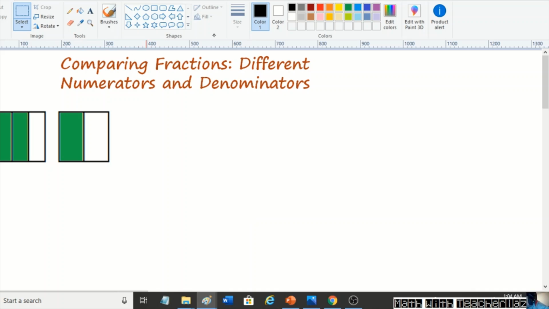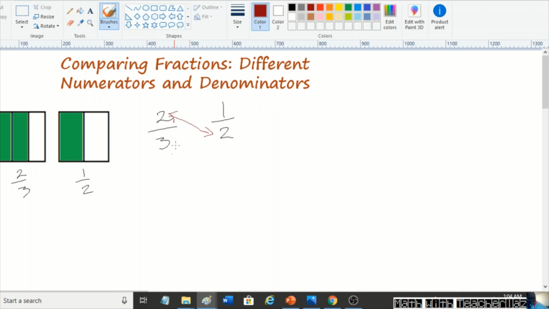Okay, now these fractions are 2/3 compared to 1/2. Okay, so if we're going to do the cross multiplication method, we have 2/3 and 1/2. First, we're going to multiply these two.